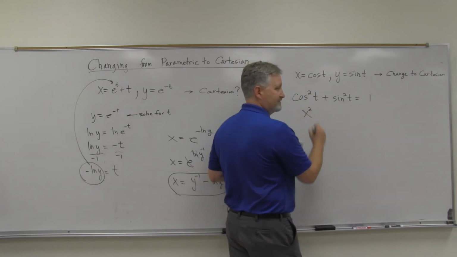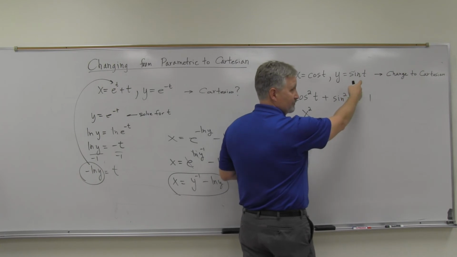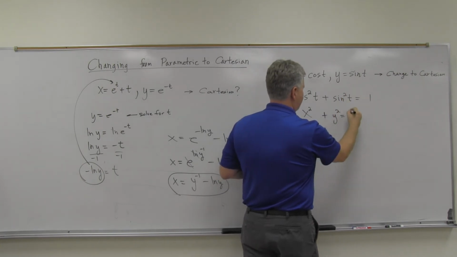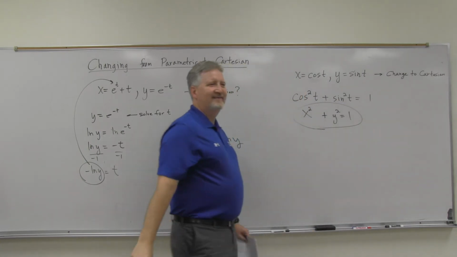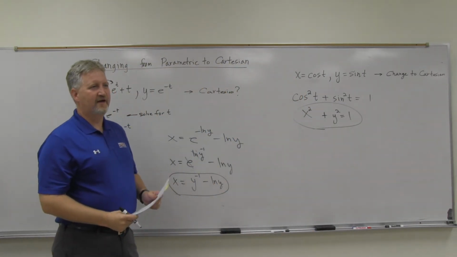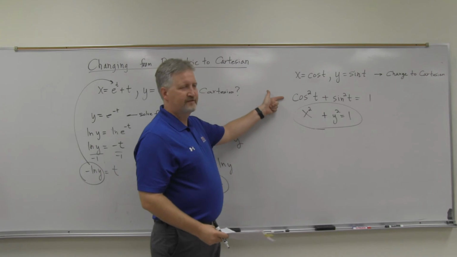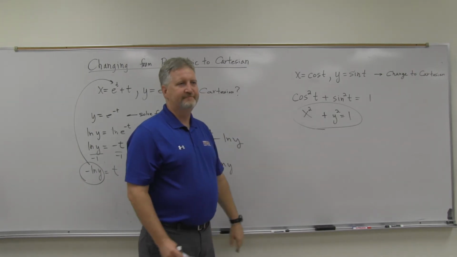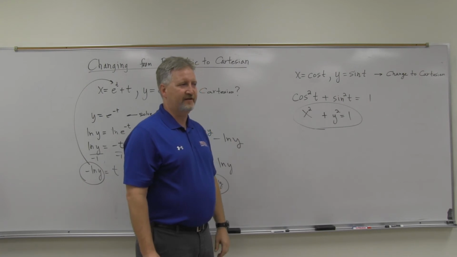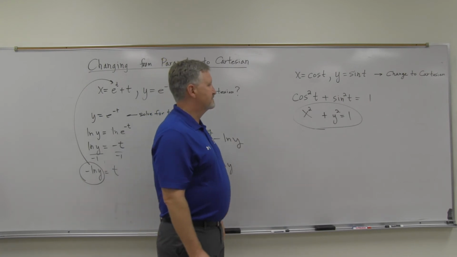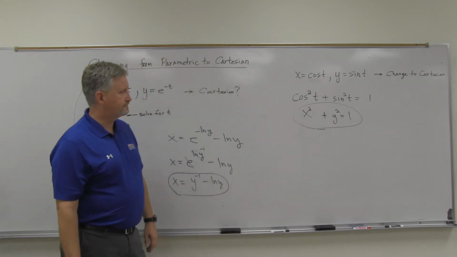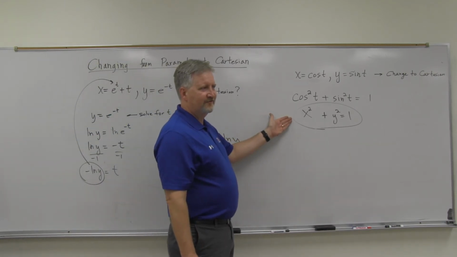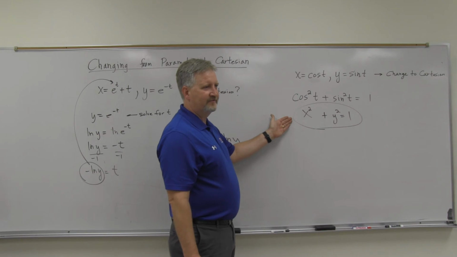This is x squared. Sine t is y. That's y squared. Ta-da. Okay. Start with that Pythagorean trig identity, and your Cartesian comes right out of that. It's a little different. So what is that? Circle, radius 1, center 0, 0.